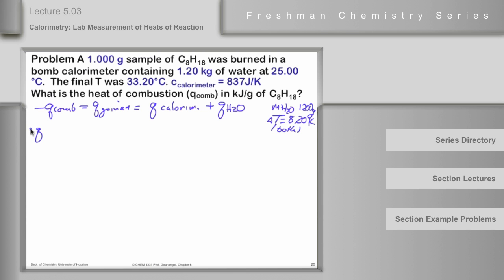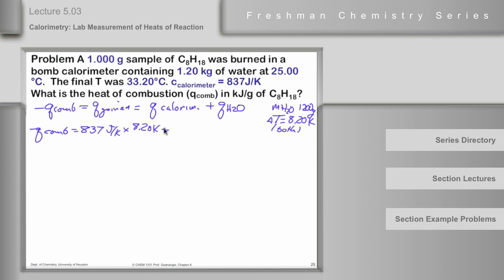That's the heat absorbed by the calorimeter. Plus the heat absorbed by the water is 4.184 joules per gram Kelvin times 1,200 grams times delta T, which is 8.20 kelvins.